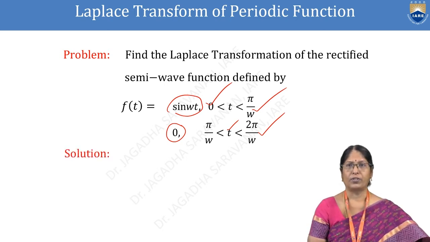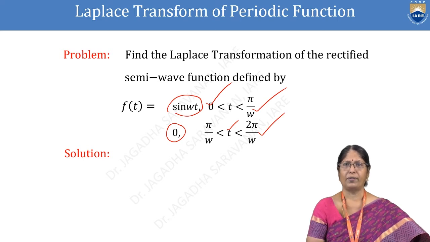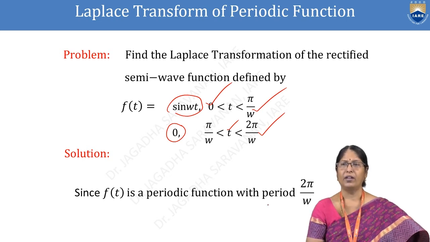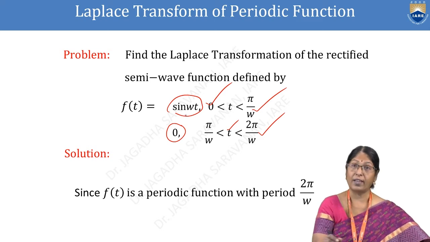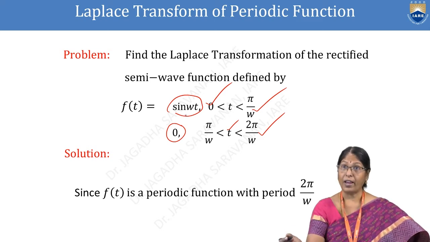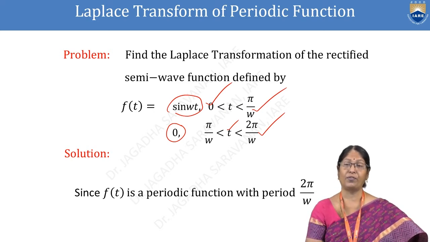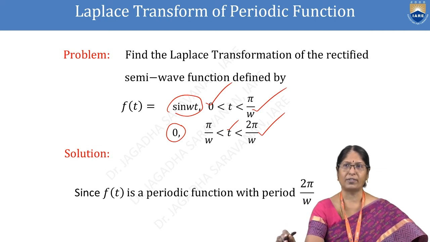So now in the solution we will concentrate. Since f of t is a periodic function with the period 2 pi by w, the function is sine. The sine period is what we just discussed, how we got 2 pi for the trigonometric function sine.